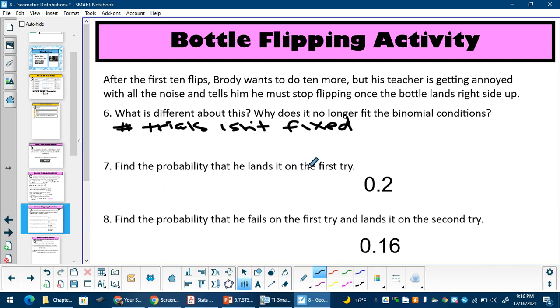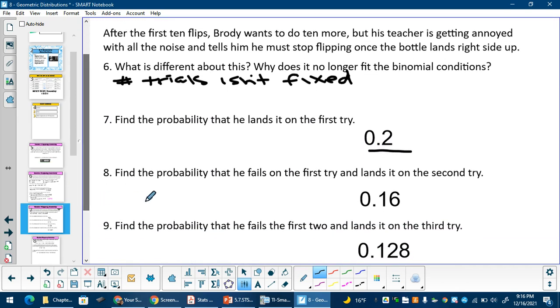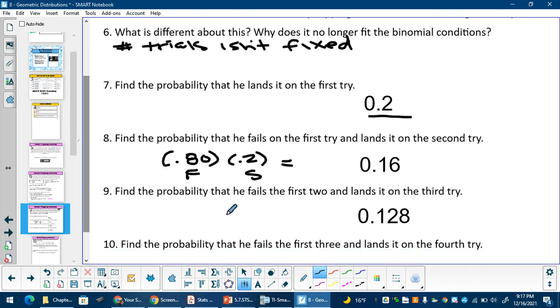So the probability it lands on the first try is just 20%, 0.2. Probability it lands on the second try, so the opposite, means he must have failed the first time, which is 80%. And then he had success the second time, which is 20%. So that gives us 0.16. That he fails the first 2 and lands the third, that would be fail, fail, success.